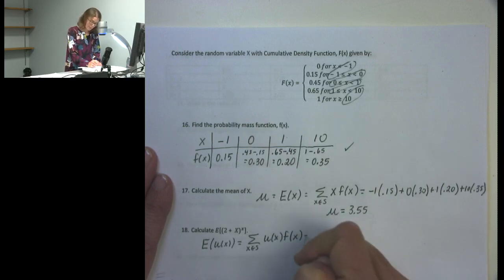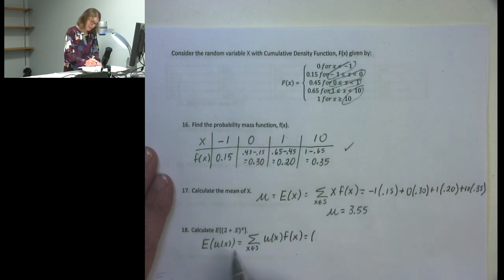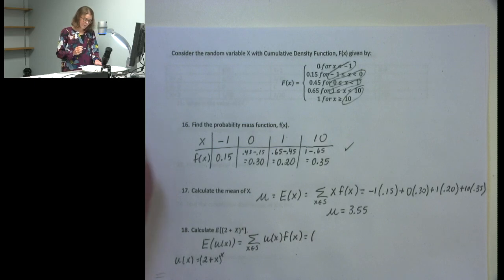So in this situation, I've got u of x is (2 plus x) to the x power.